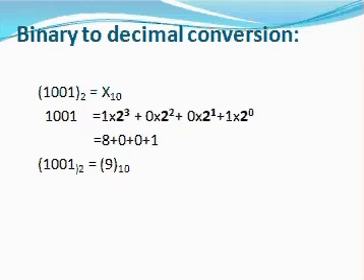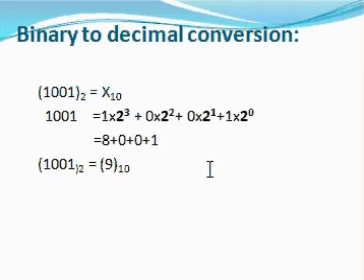Here is an example which represents the conversion from binary to decimal. A binary number can be converted into decimal by multiplying each binary bit by its weight value or place value. Here the LSB is multiplied by its weight value 1, and then 2, 4 and 8, like that.